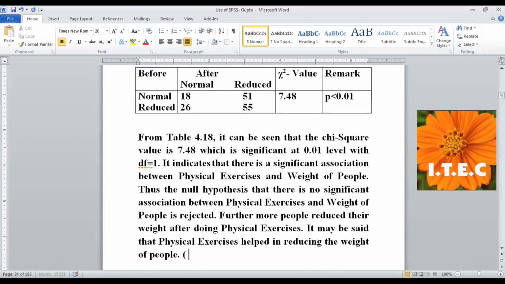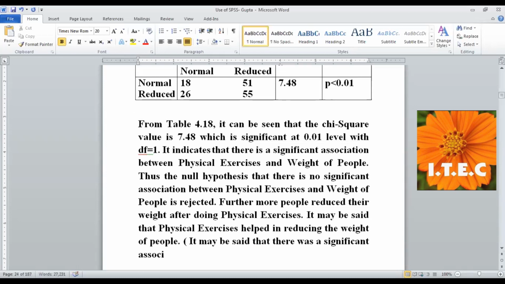Or you can say that it may be said that there was a significant association between physical exercises and weight of people.